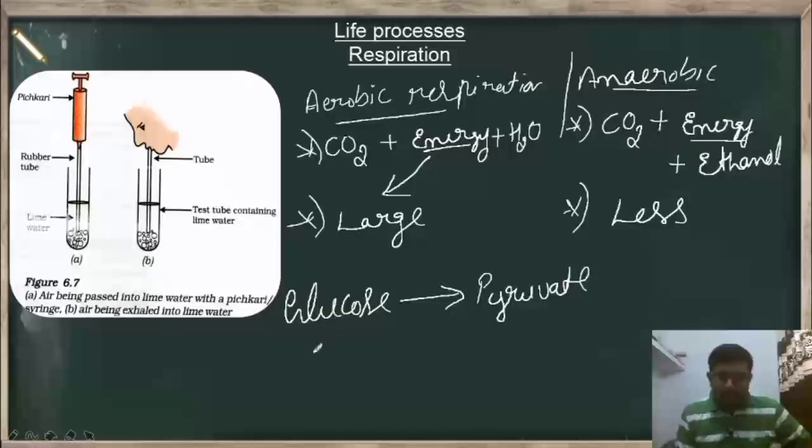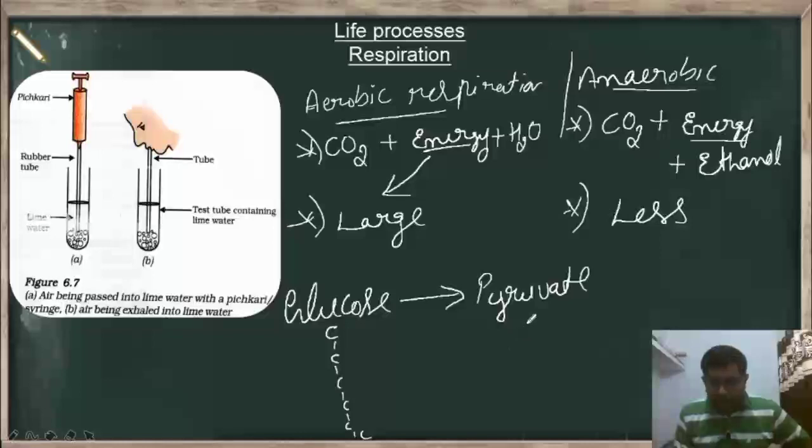So look at this one. Glucose is a 6 carbon containing molecule. That is, if we write here C, C, C, C, C and C. How many? 6 carbon. But when the glucose is broken down into pyruvate, it forms 3 carbon containing molecules.